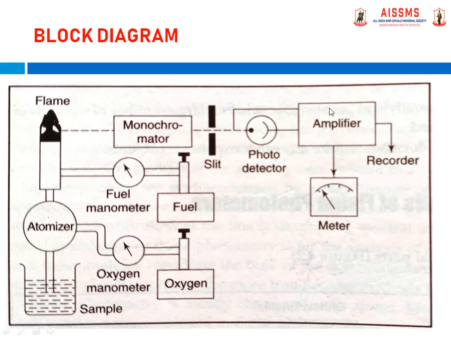Finally, the recording system involves transforming the signal produced by the selected radiation in the photosensitive element into a reading which is related to the concentration of the solution under analysis.